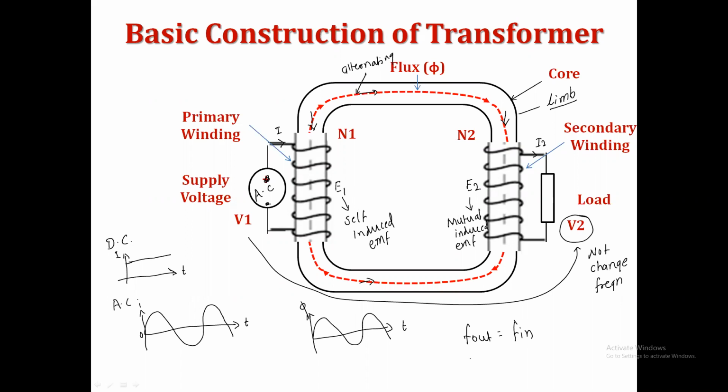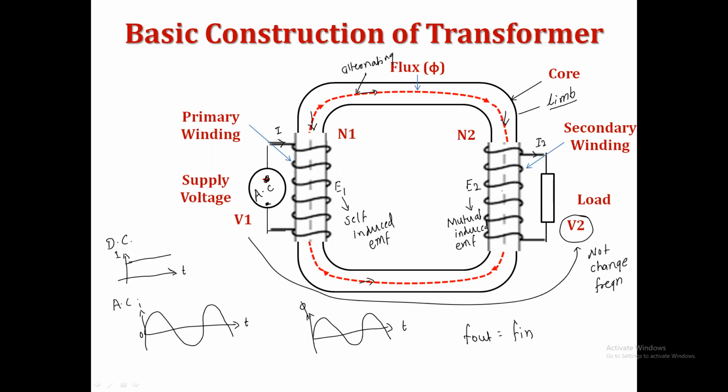So through this discussion, we can write the conclusion: the transformer works on the mutual induction principle. Because this induced EMF is very important, because due to this induced EMF, energy will transfer from the primary side to the secondary side.